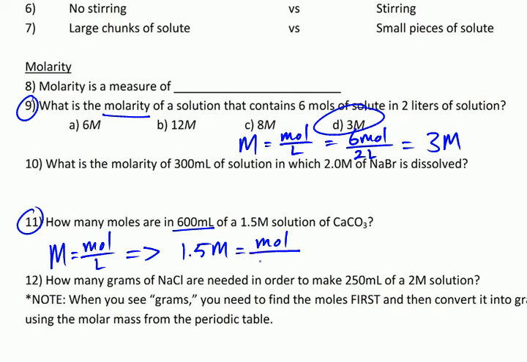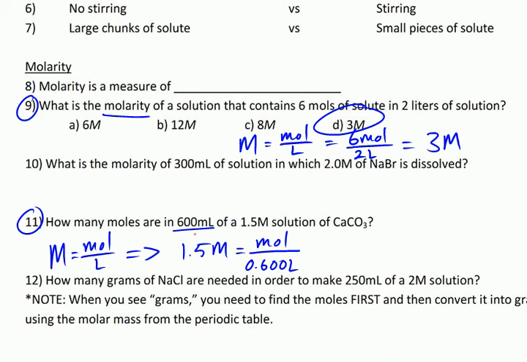And how many liters? It's going to be 0.600 liters. This is the 600 milliliters converted into liters, okay? Because the formula is in terms of liters.